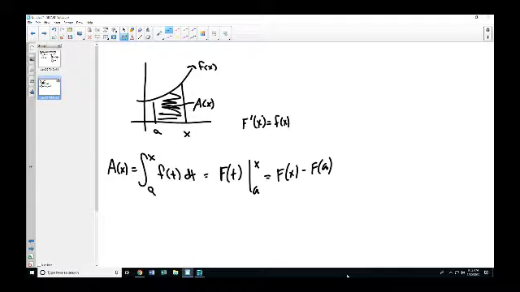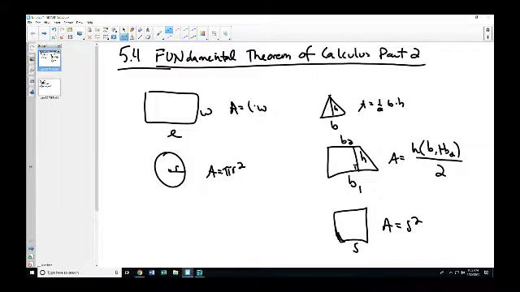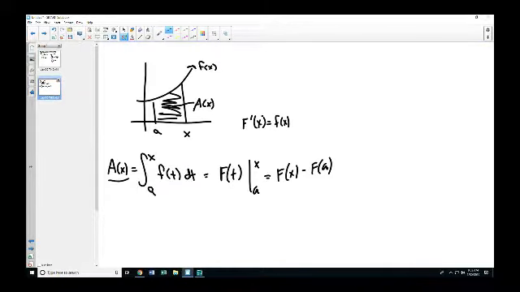So that's the big picture area formula in calculus terms, right? This would be like we talked about here. Area is length times width, right? Well, area is f of x minus f of a. It's an area formula.